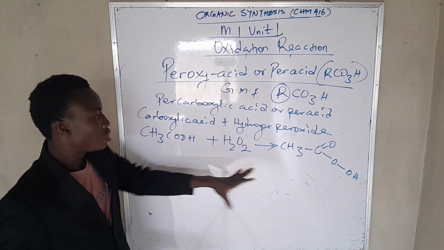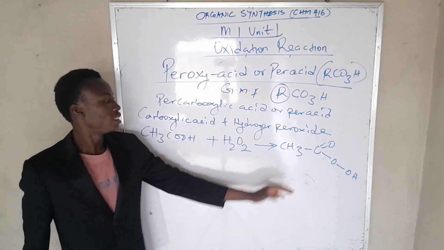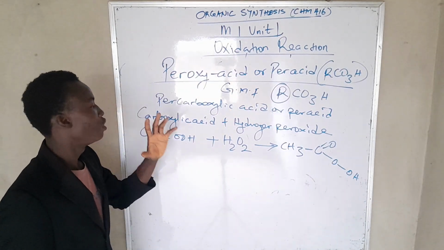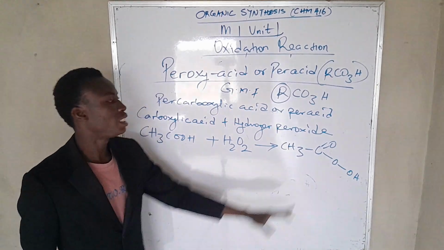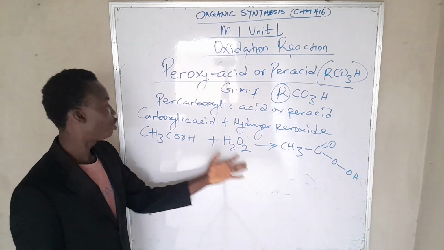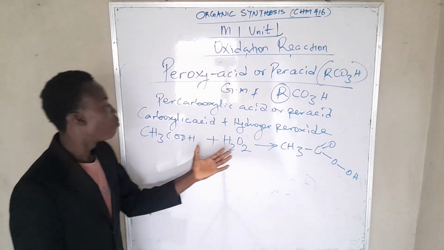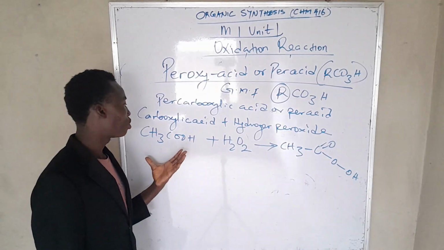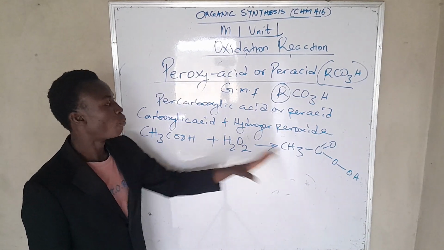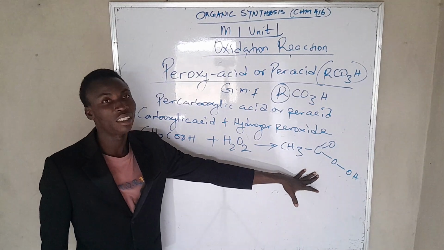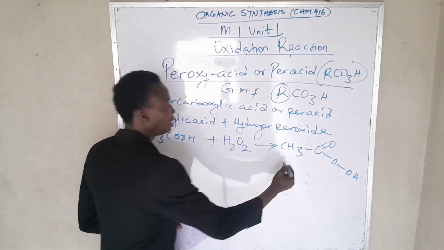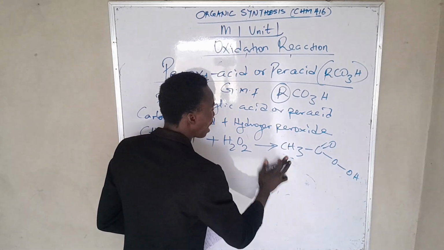Now, you can see the compound produced in this place. It is quite different from the regular compound that we normally have. What is actually happening here is that oxidation is taking place. More oxygen is being added to the ethanoic acid, which is also called acetic acid, to produce the compound referred to as peracetic acid.